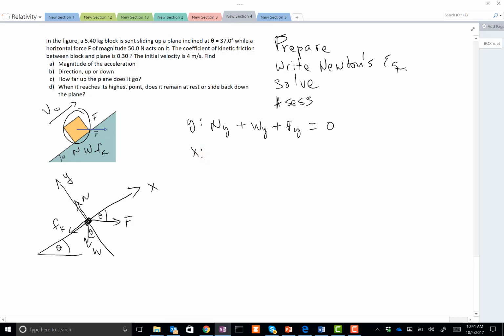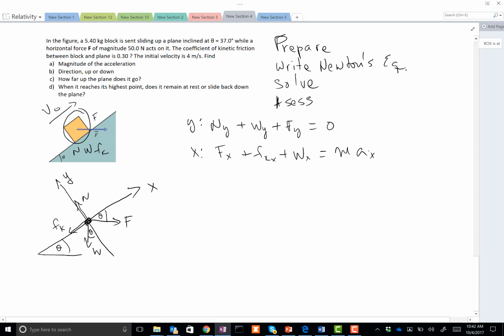In the x-axis, you have the x component of that applied force, and then the x component of the friction, and then the x component of the weight, and that is equal to mass times the acceleration in the x-axis.